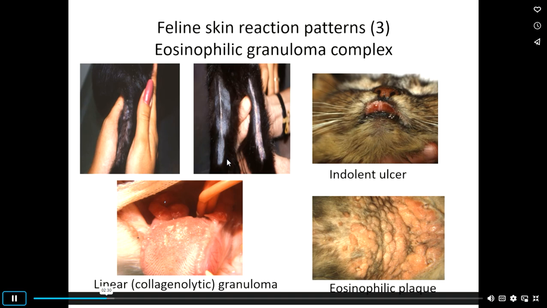And the bottom slide has varicose proliferations, which are sometimes seen in the pharyngeal region of animals associated with this condition. And linear or collagen-lytic granuloma can also involve the lower lip area, manifesting as swollen chin. And on the top right, we have the indolent ulcer, and in the bottom right, we have the eosinophilic plaque.